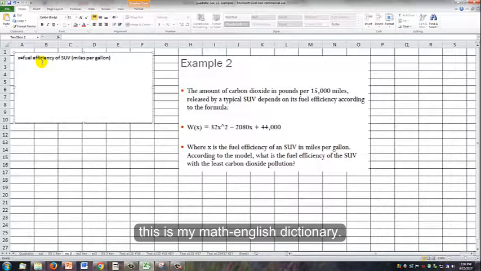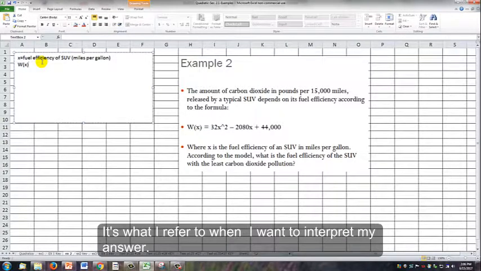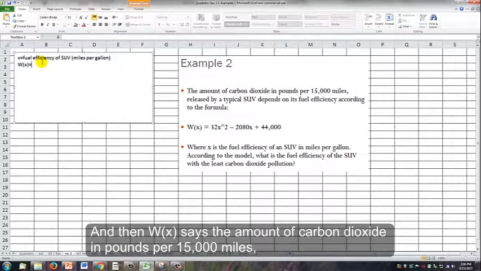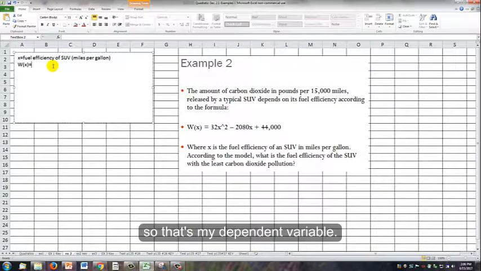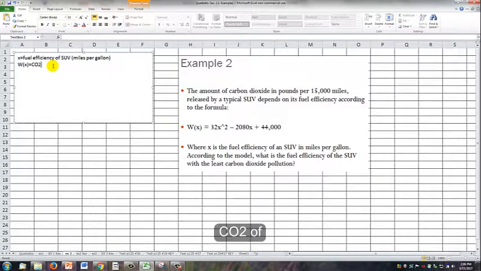This is my Math English dictionary. It's what I refer to when I want to interpret my answer. And then W of X says the amount of carbon dioxide in pounds per 15,000 miles. So that's my dependent variable, CO2, and the units are pounds per 15,000 miles.